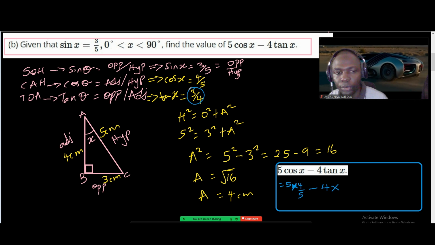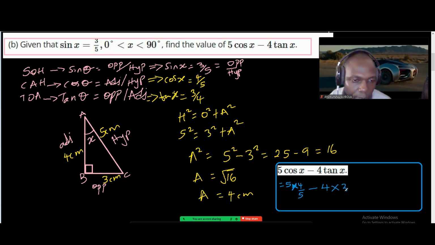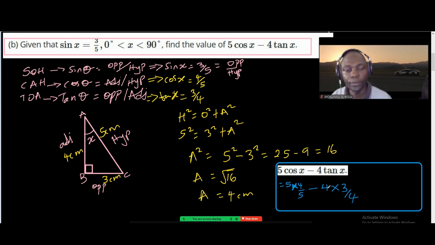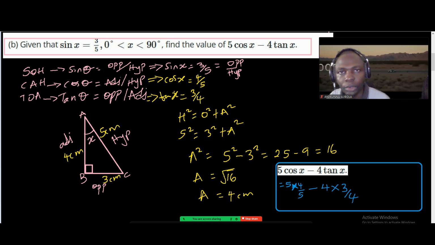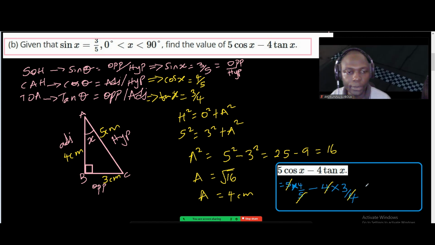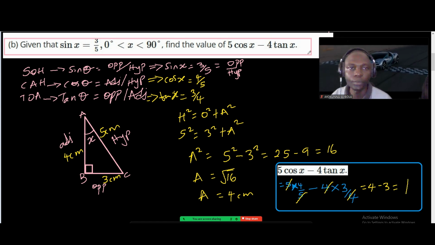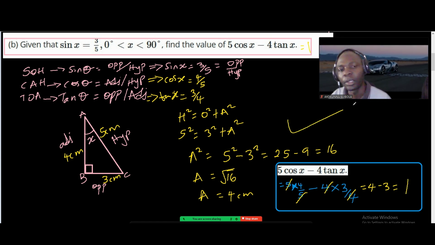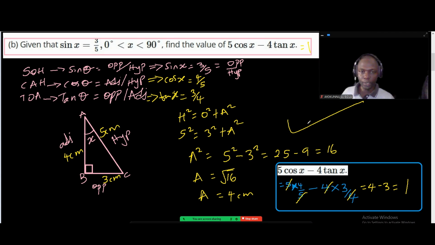Tan x is what? 3 over 4. That is times 3 over 4. Then they cancel themselves out: 5 cancels 5 and 4 cancels 4. Then we have 4 minus 3 as the final answer, which is 1. So the value of this is 1. And that is how we do this particular one.